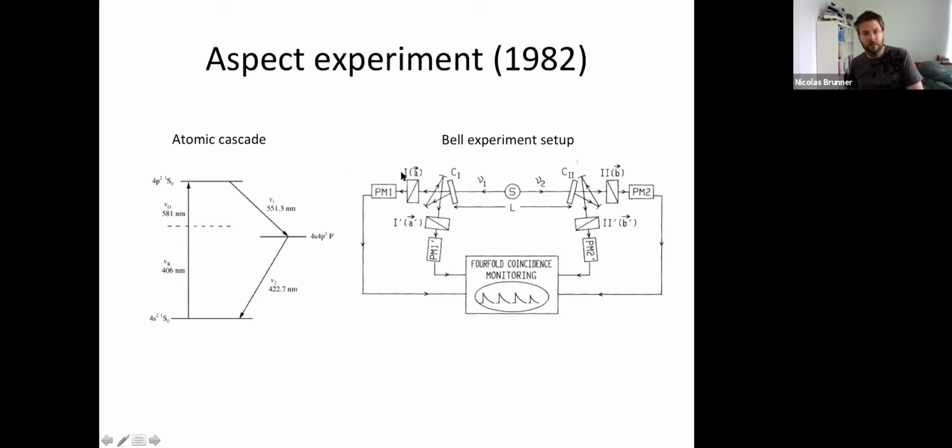And so after you made this separation here, you still have to check where your photon is. So here you have to put a device to detect photons. PM means photomultiplier. It's a device where when you send a single photon on it, a little bit of energy arrives in a medium.